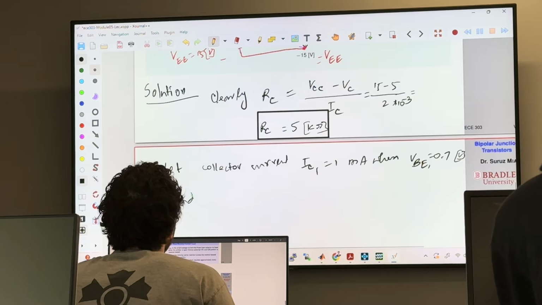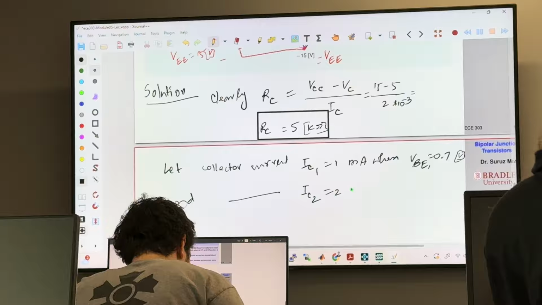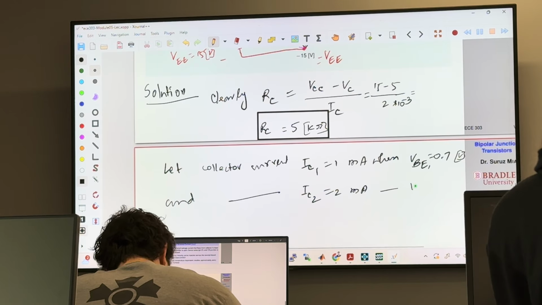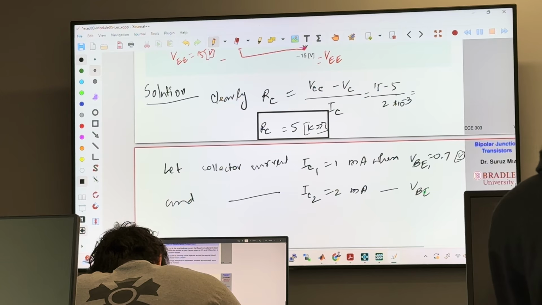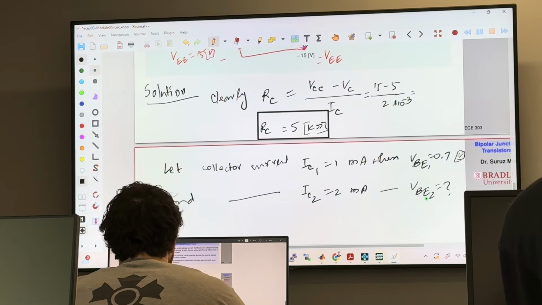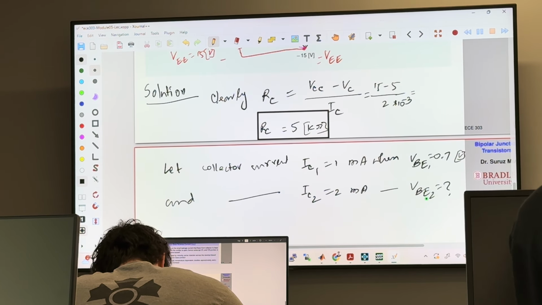And collector current IC2 equals 2 milliampere when you have base emitter voltage VBE2 equals what? We do not know what the voltage is when more current flows through the collector.